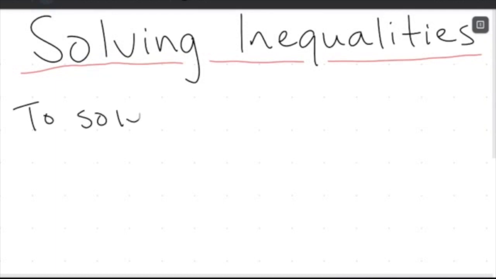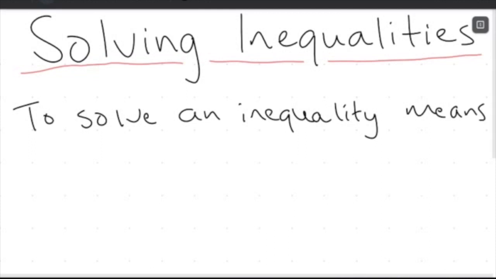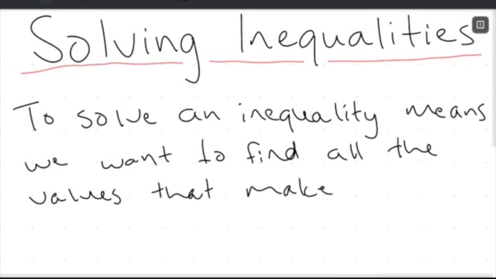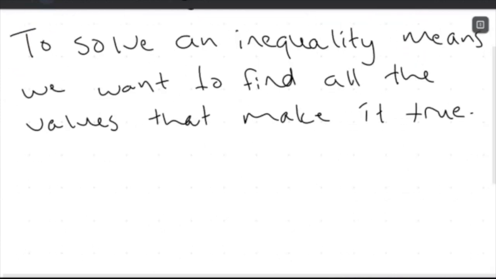To solve an inequality means we want to find all the values that make it true.